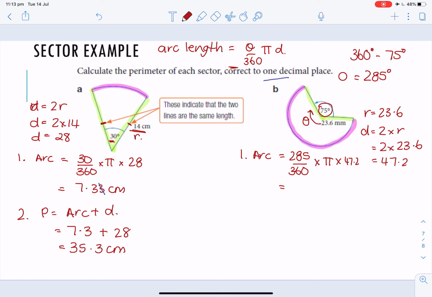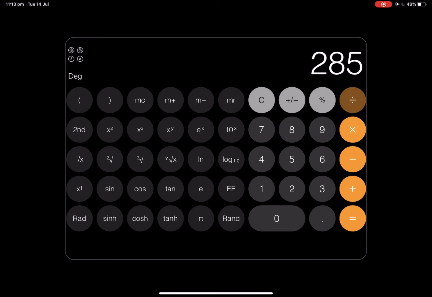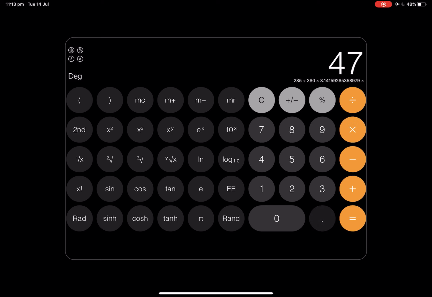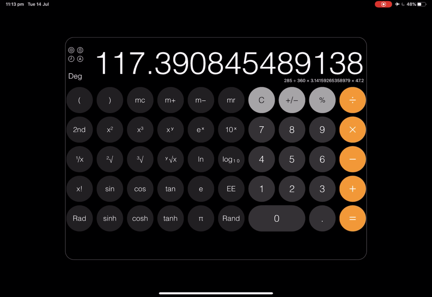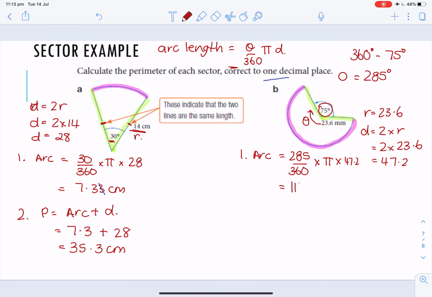All right, so back to the calculator. We've got 285, clear it, 285 divided by 360 times pi times 47.2. And I get an arc length of 117.39, equals 117.39 centimetres. Now, again, it asks me for 1 decimal place, so that becomes 117.4.